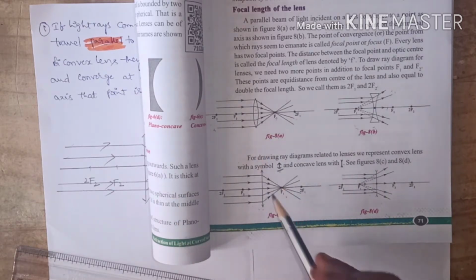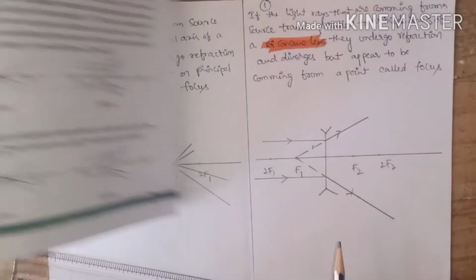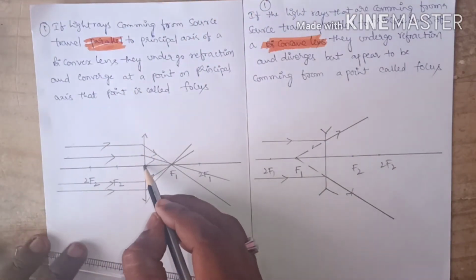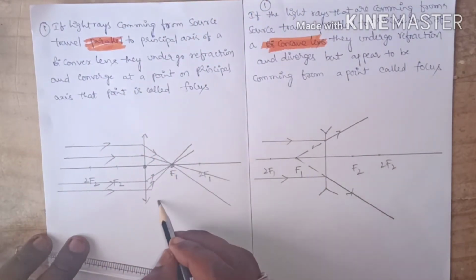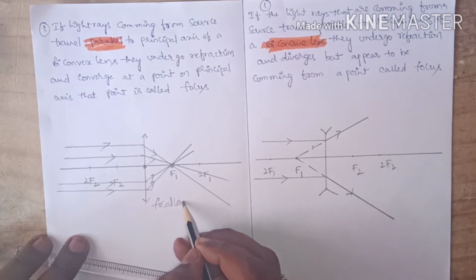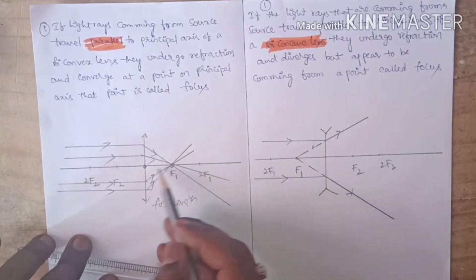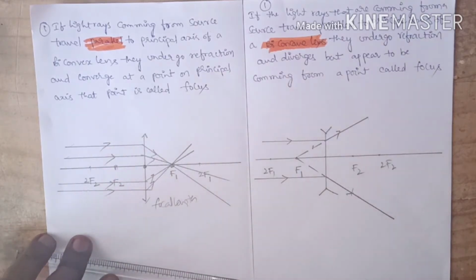The distance between the optic center and focus is called focal length. The focal length on either side of the lens must be equal.